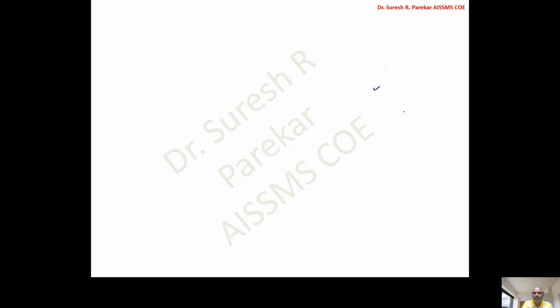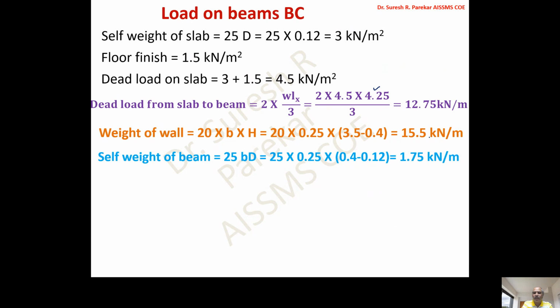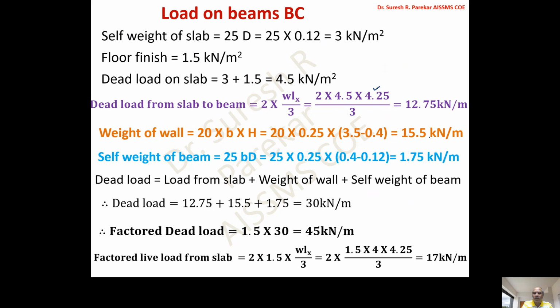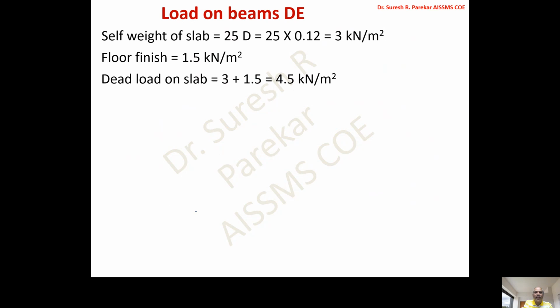So you can see here also we have 15.5 and 1.75, and same values here, 15.5 and 1.75. So 30 into 1.5, 45 kilonewton per meter. So 2 into 1.5 into 4 into Wlx again 4.25, so it will give me 17 kilonewton per meter. Now I will calculate that for DE.